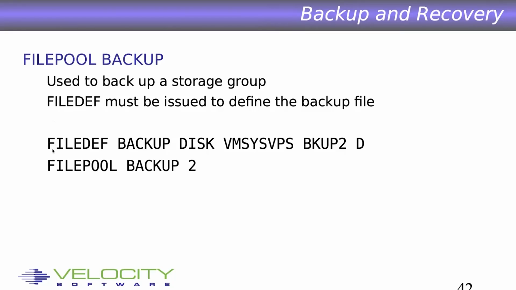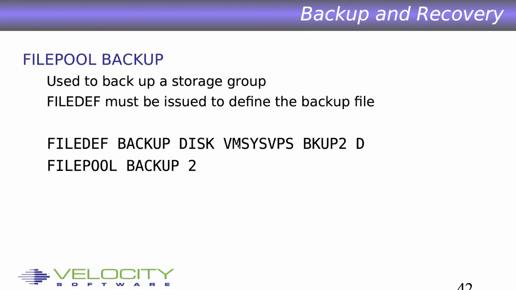But we issue this FILEDEF command to define a file called backup, and we're going to write it on disk. And there is definitely a tape option, because back in the day we would write these backups to tape, but now they're mostly on disk. And then after that, you give the file ID of the backup file.